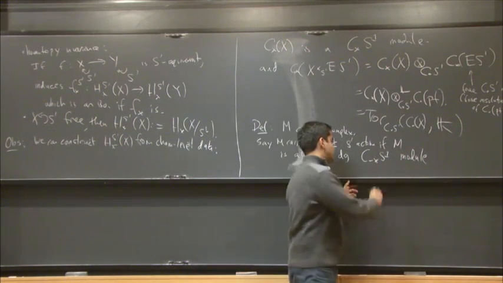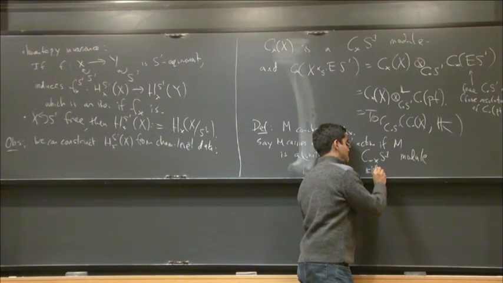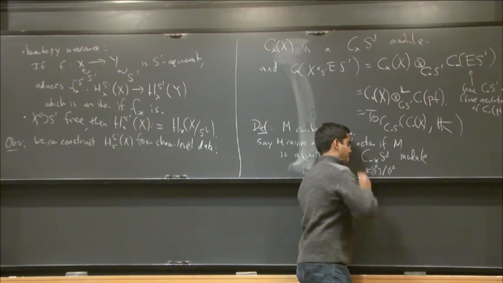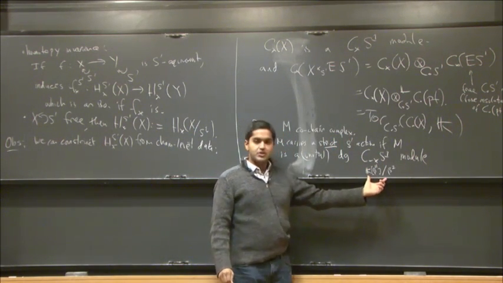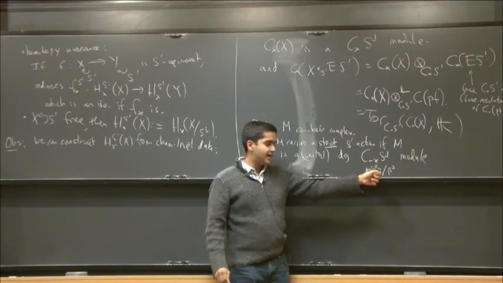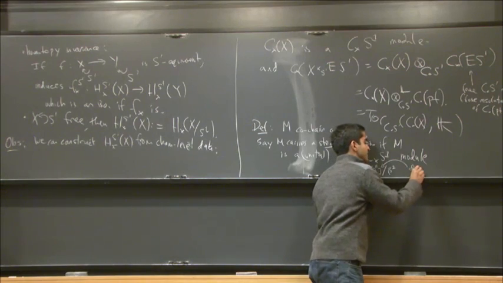So this thing, let's just remember, is actually equivalent as an algebra to K join a variable mod beta squared. Beta is the fundamental class of S1, so it has degree -1.